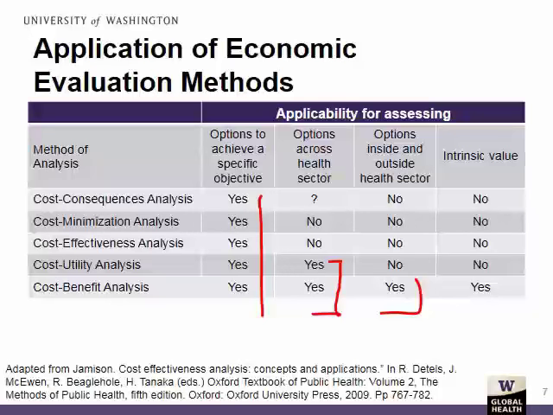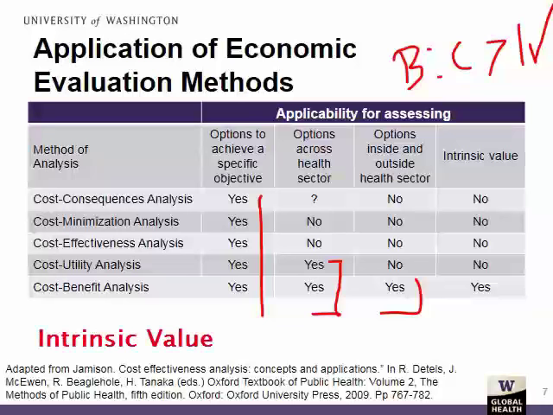If the benefit to cost ratio is greater than 1, that's a good intervention essentially, and it should be pursued. And that's called in general terms the assessment of intrinsic value: that something has benefits that exceed the cost, and therefore it's a good intervention.